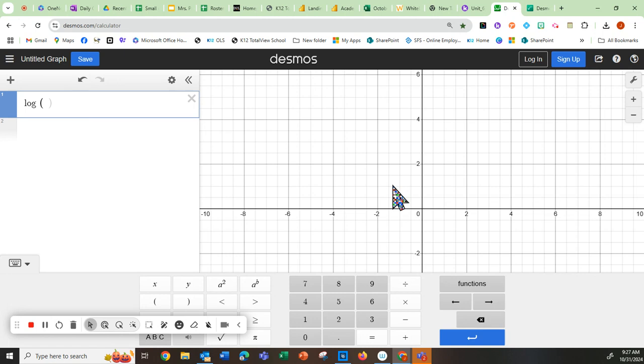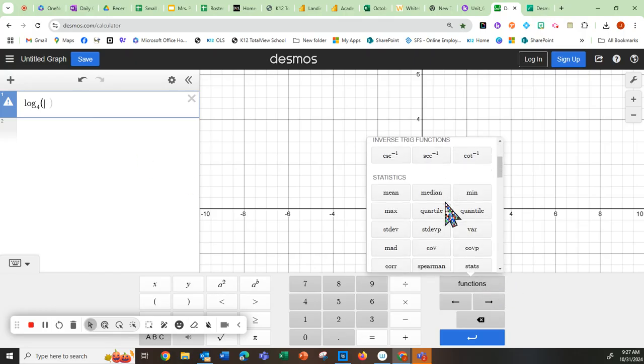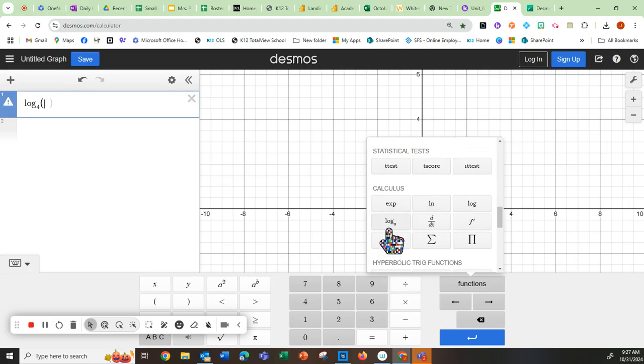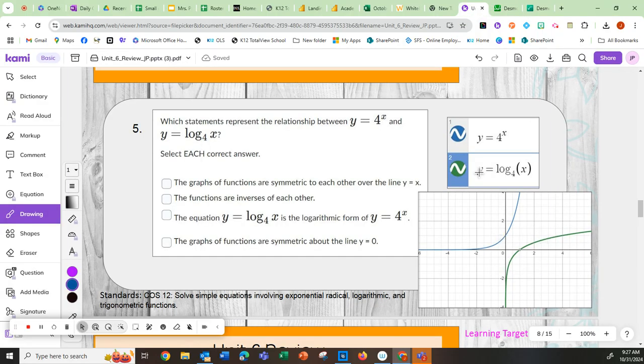And here's your log, and then you would put your subscript there and then type in. So again, functions, scroll down to calculus, and then you're going to use this log base A key to get that in your graphing calculator.